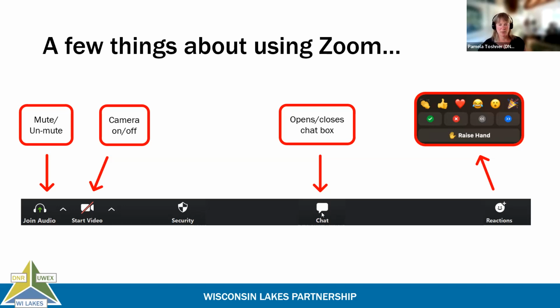If at any time you have questions, there's a chat box down below, and you can put your question or comment in the chat. And then sometimes people like to use the reaction option, the little emoji icon down on the bottom. So if, for example, you had a question, you could raise your hand. Or if you like what you hear, you'll see a thumbs up. Feel free to use those little features.